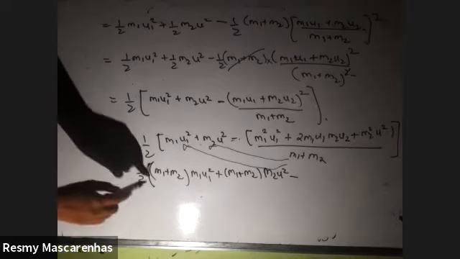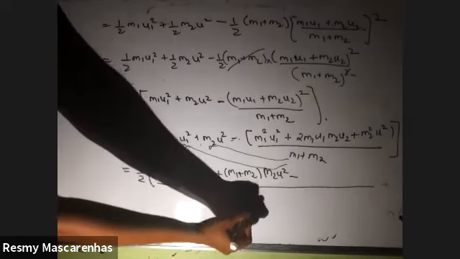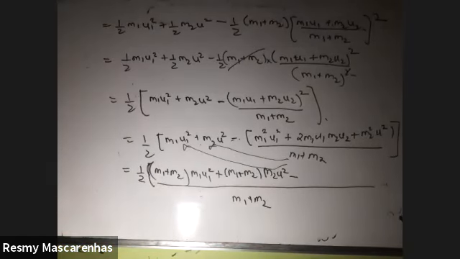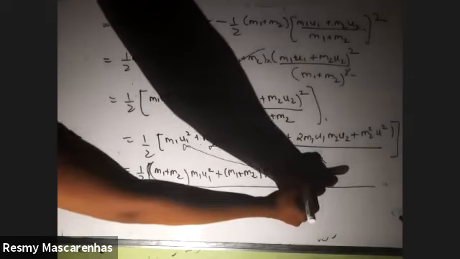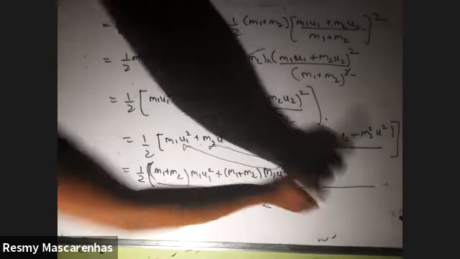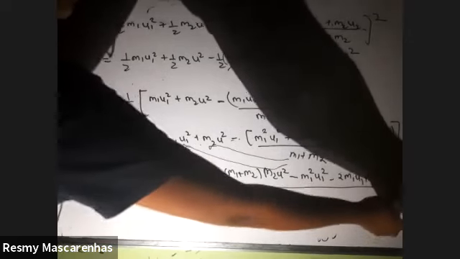So after cross multiplying, this whole thing will come in the denominator, m1 plus m2. And opening up the bracket, this will be minus 2 m1 u1 m2 u2 minus m2 square u2 square.